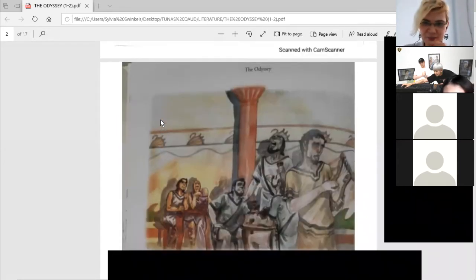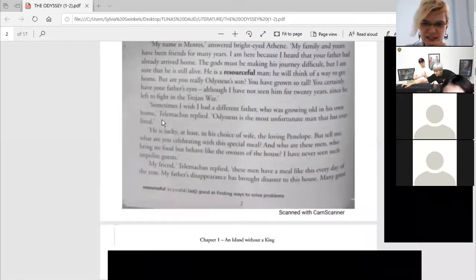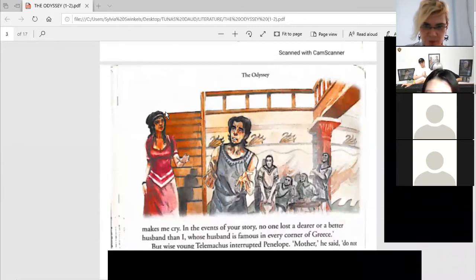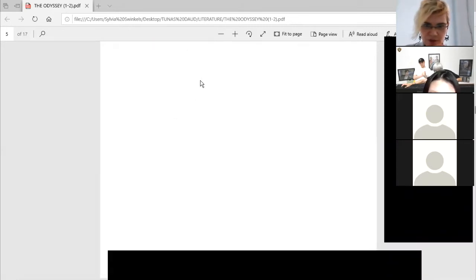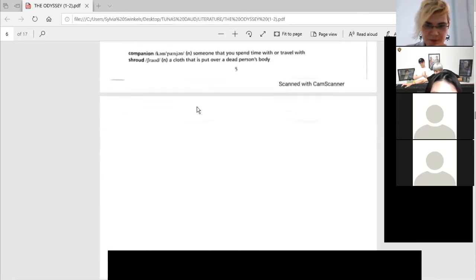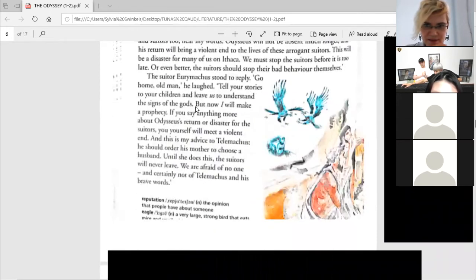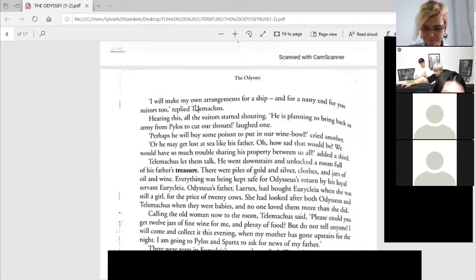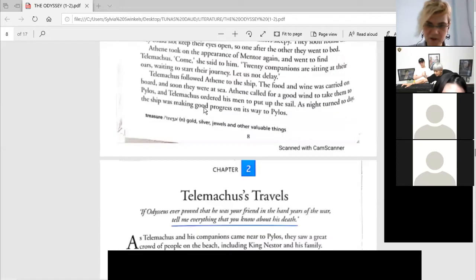Here we have this picture. The book is a bit hard to take pictures of. So we go to chapter 2. Loading is real, people. It takes some time. Oh, here we go.